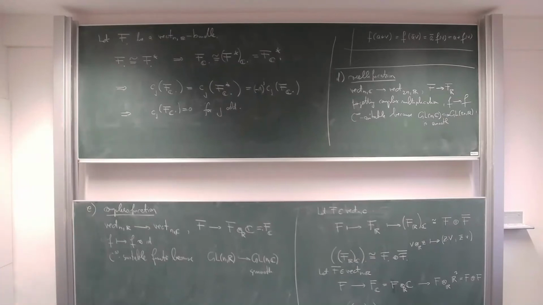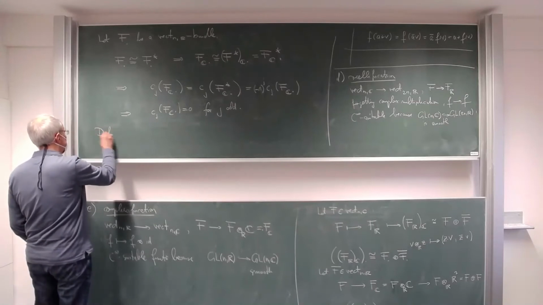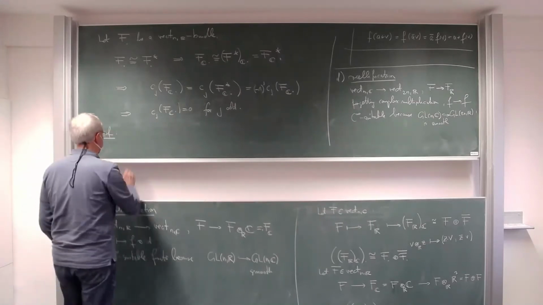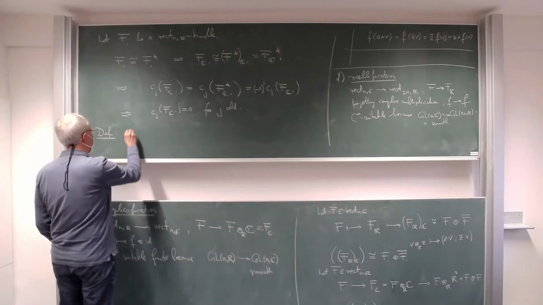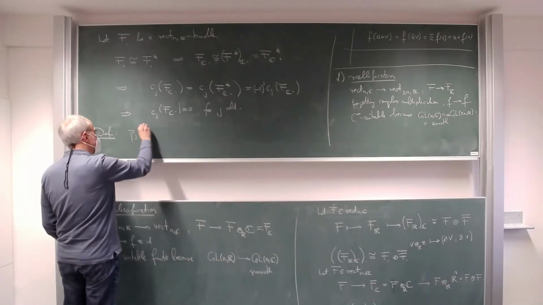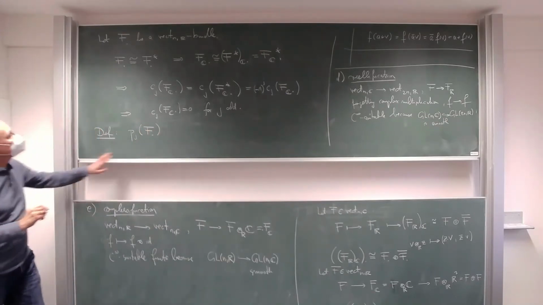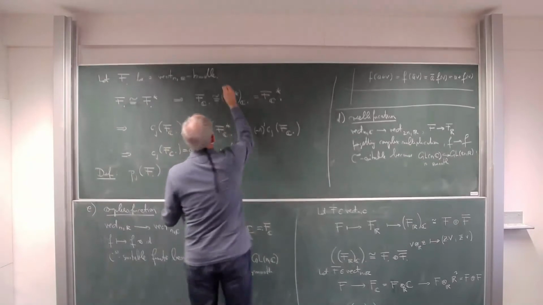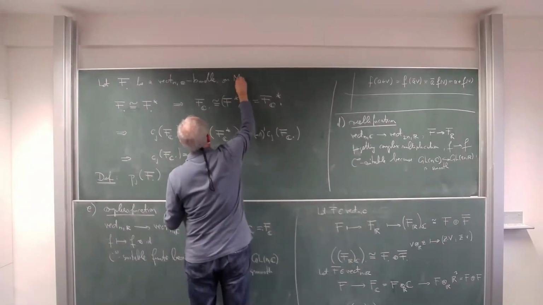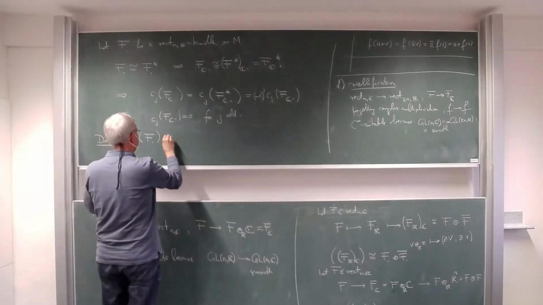Okay, but that's how it is. And now let's make a definition. Namely, p_j of F, my real bundle on M, so let me call the base manifold M, which I define as follows.